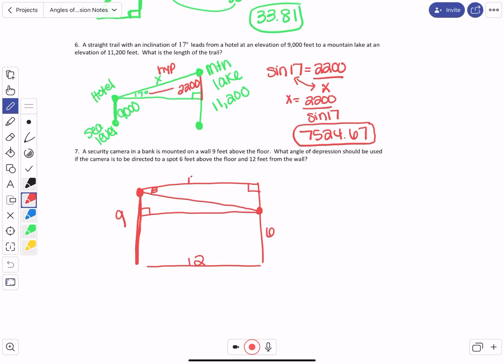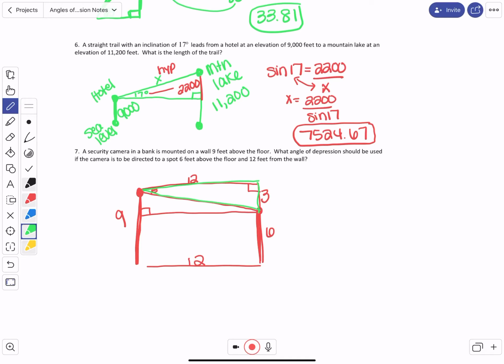I know this is also 12 going across. If the total is 9, and from here to here is 6, then that little part has to be 3. Now, dealing with this triangle, I can figure out beta.